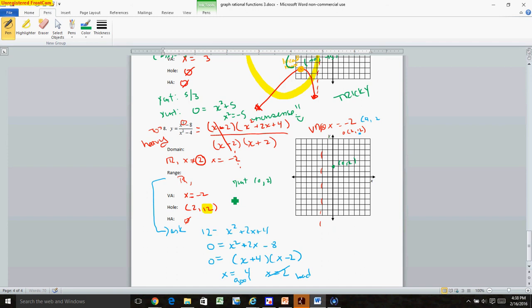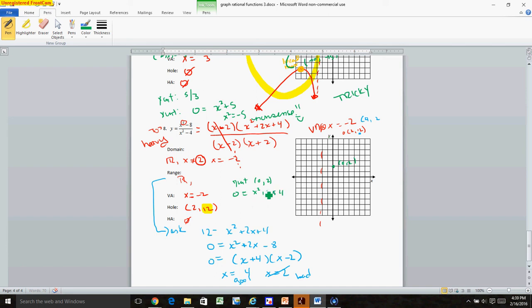And for my x-intercept, I said, when will the numerator be equal to 0? But x squared plus 2x plus 4 is a prime quadratic.